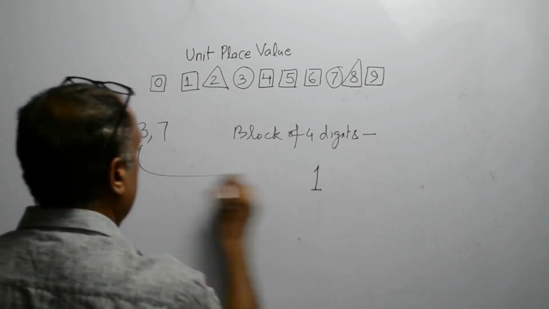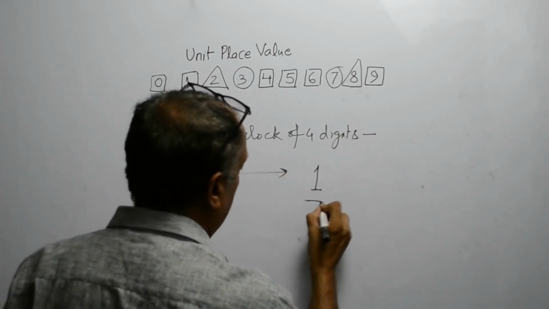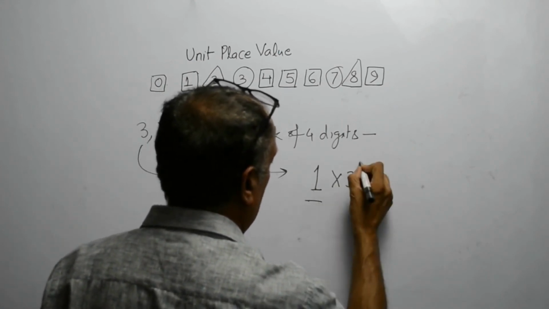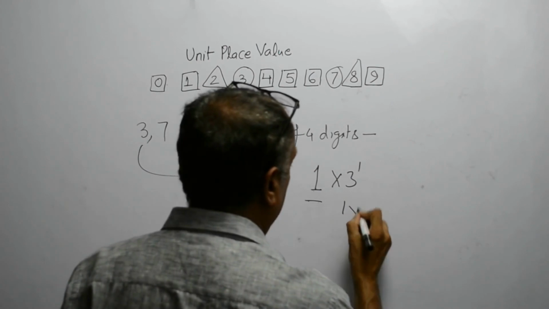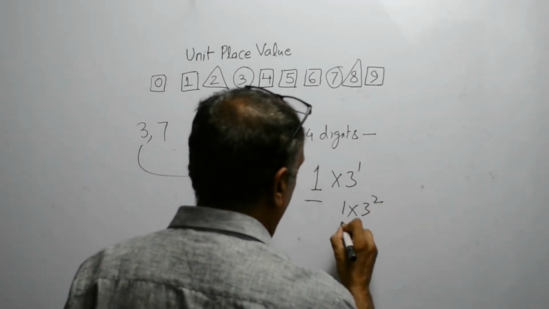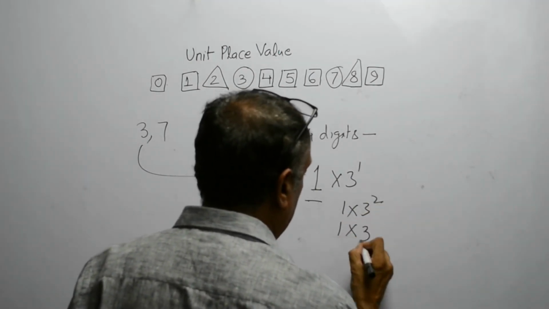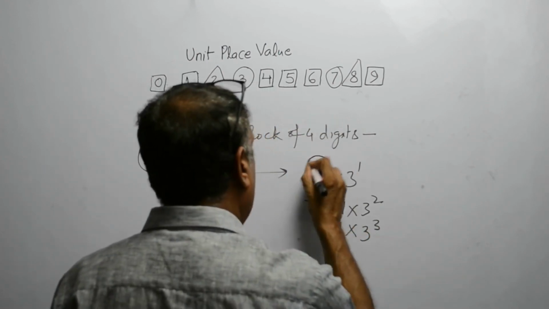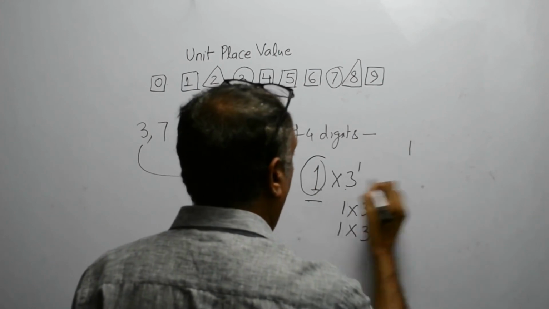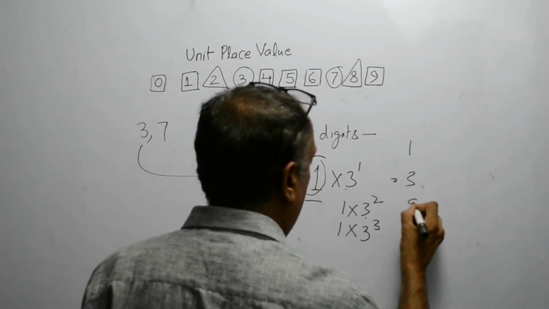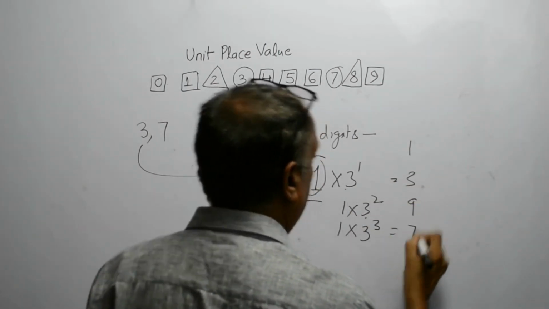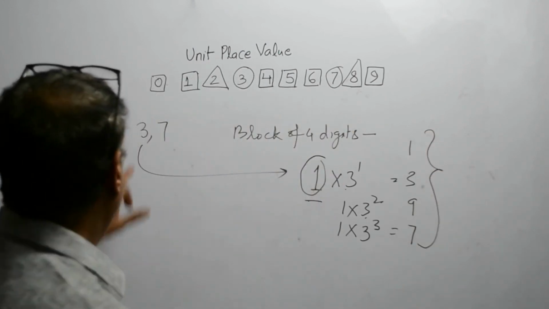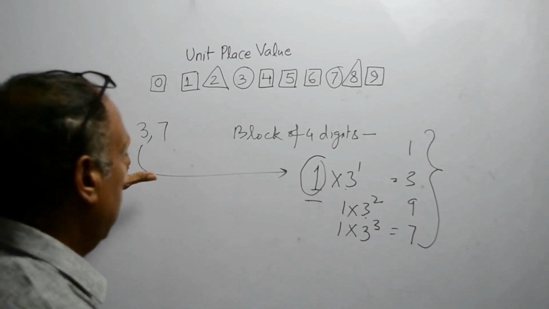So in case of 3, the answer will be either 1 or it will be 1 multiplied by 3 raised to power 1, 1 multiplied by 3 raised to power 2, 1 multiplied by 3 raised to power 3. Means the answer will be either 1 or 3 or 9 or 7. So these 4 will be the answer in case we are dealing with the digit 3.